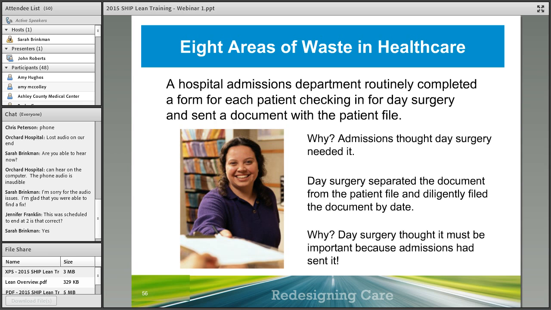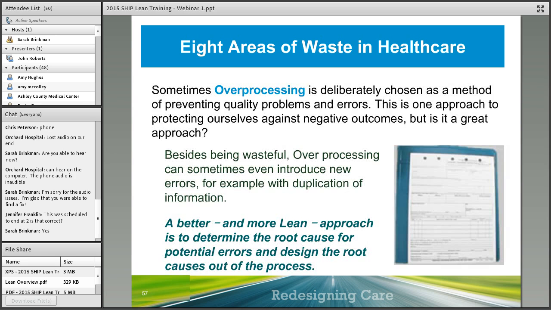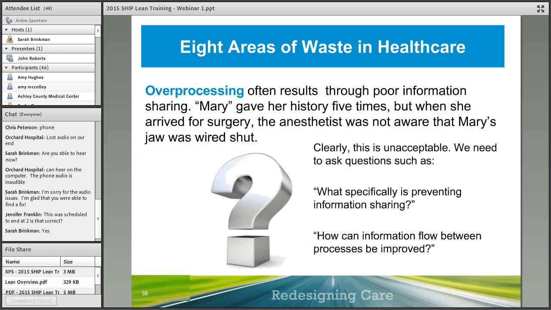And so we have this, again, overprocessing and not knowing what's required by different departments in the process, in this value stream. And then again, we sometimes build overprocessing into the process. We want to look at more lean, more efficient processes as we move forward, so we're not putting in artificial standards or barriers or bottlenecks that would create overprocessing.